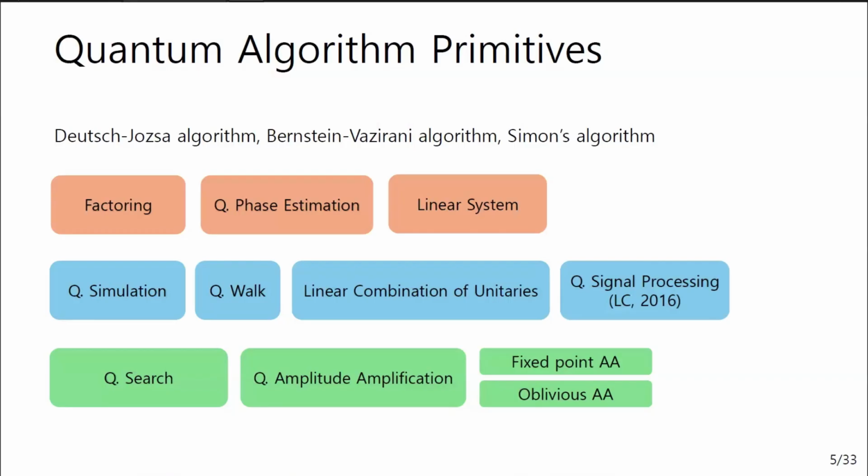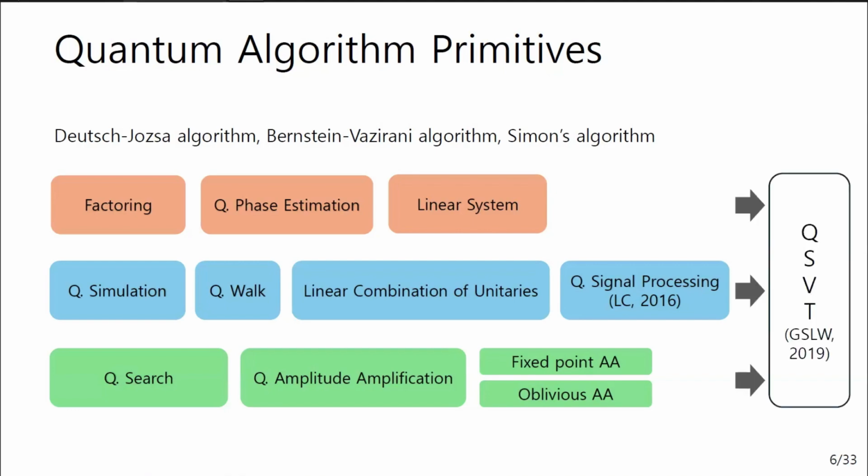This QSP technique enables optimal Hamiltonian simulation by applying a polynomial transformation to the eigenvalues of the Hamiltonian. In 2019, the quantum singular value transformation algorithm was created by Gilyén, Su, Low, and Wiebe. Not only does it encompass the quantum simulation ideas and quantum search ideas, but also the quantum factoring ideas. That's the topic I'm going to talk to you about today.